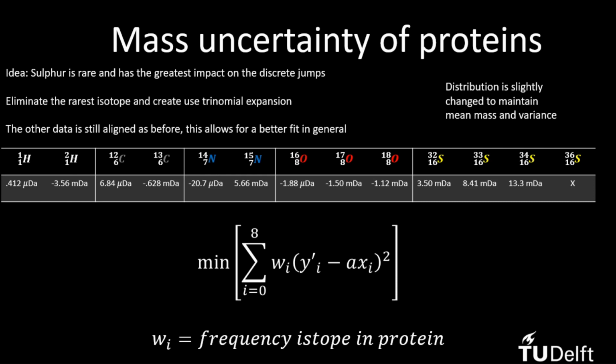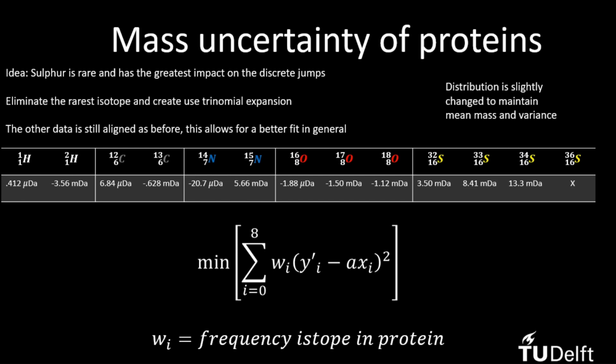To ensure that the whole distribution of the sulfur is still intact, what I did was scale the other sulfur atoms with the position of the delta Dirac peaks, such that the average mass is maintained and the variance of the distribution is also maintained. You can simply do this by first shifting your distribution and then scaling your distribution around the average mass.